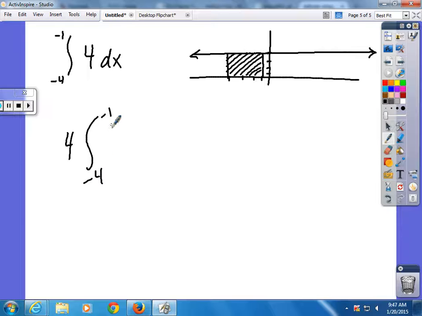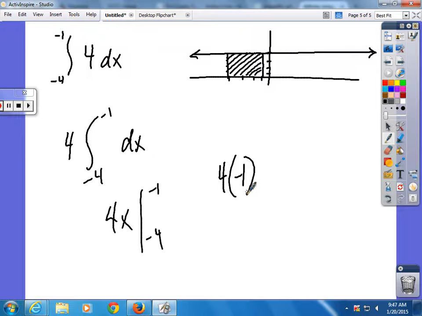Negative 4, negative 1 of what? dx. And that's going to be 4x, evaluated at negative 1 and negative 4. And which one's A and which one's B? Which one's greater? Negative 1. Okay. 4 times negative 1, minus what? 4 times what? Negative 4. Oops.